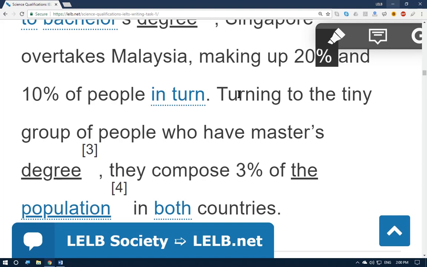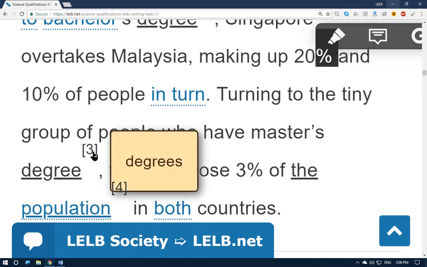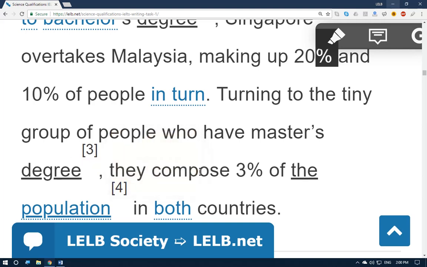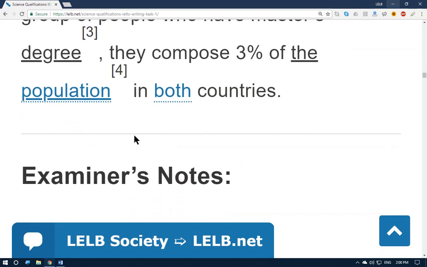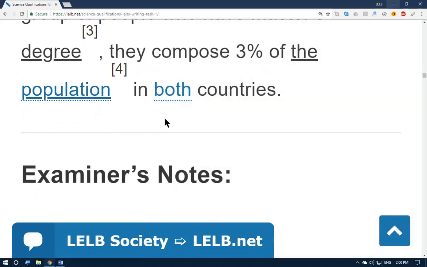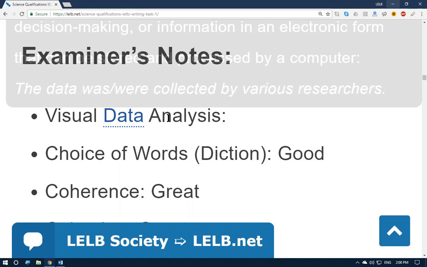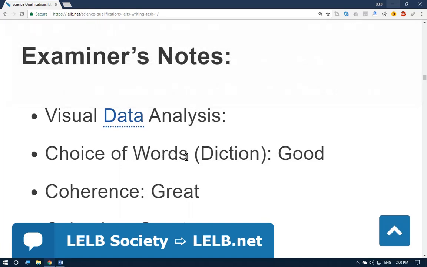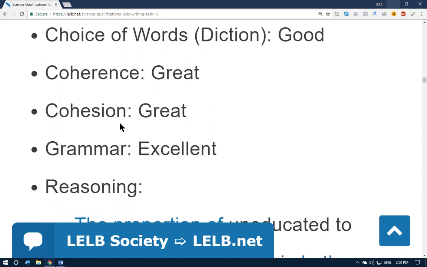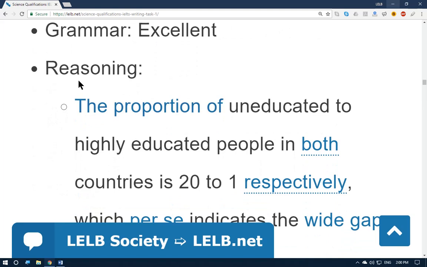So, turning to the tiny group of people who have master's degrees, again, it's better to say degrees. Master's degrees, they compose 30% of the population in both countries. Yeah. And to be honest, visual data analysis, choice of words here, I can say it is good. Coherence, great. Cohesion, great. Grammar, excellent. And reasoning, I have added this line.